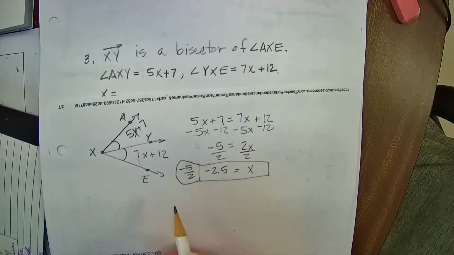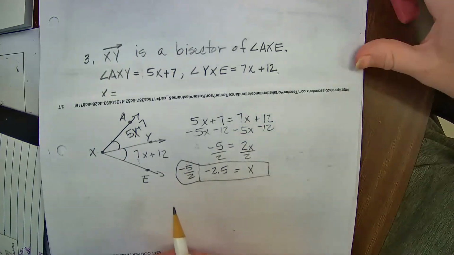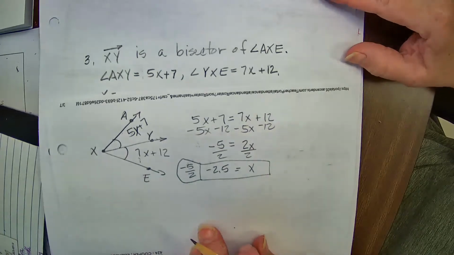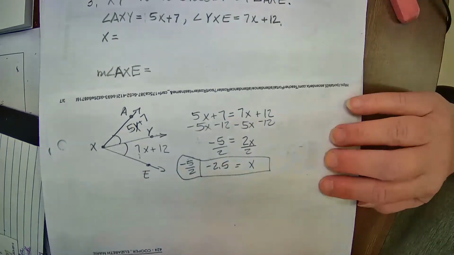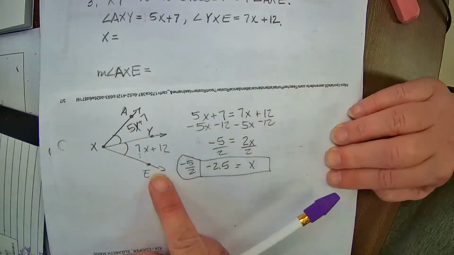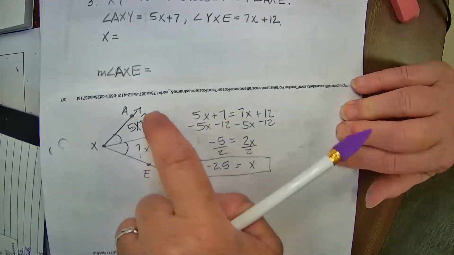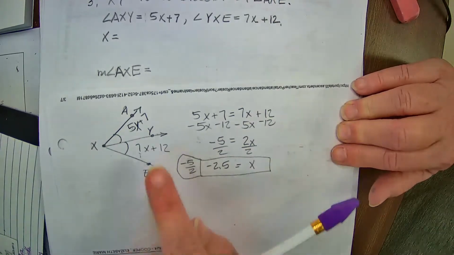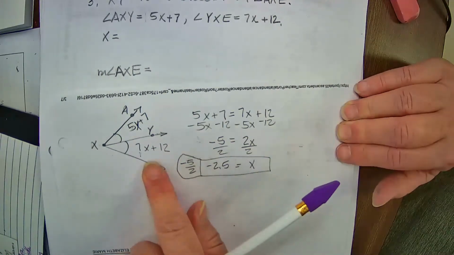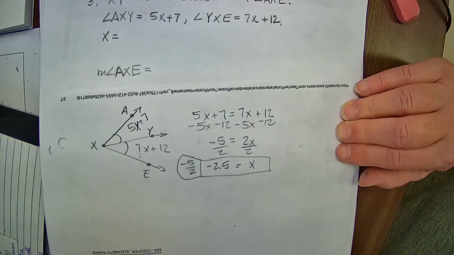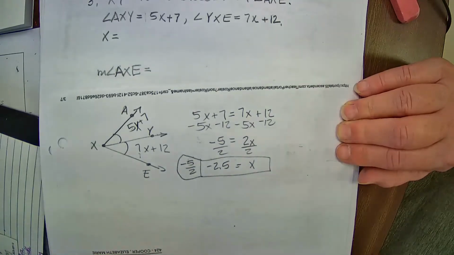Yes, sir, it was. Negative. And now it also wants to know the measure of AXE. So we have two options. We can plug into both of them, or we can plug into one and then multiply it by 2.